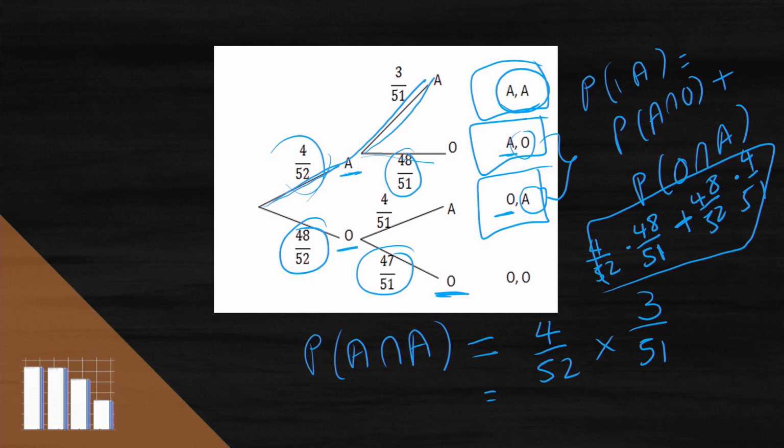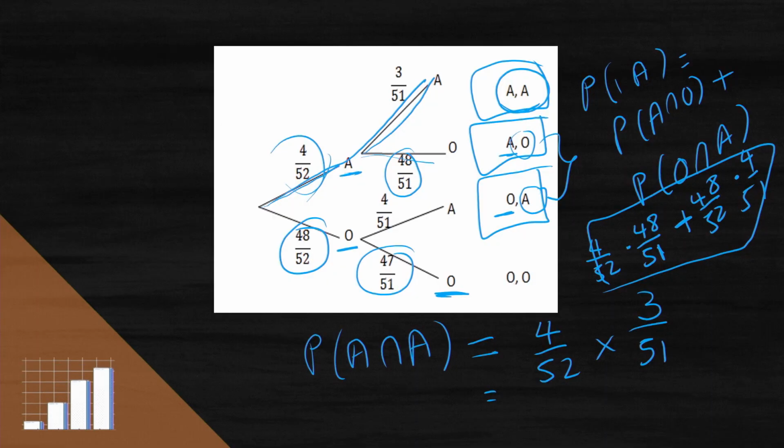Now, another way you could think about that is to think about the complement of that event. So the probability of getting at least one ace will be 1 minus the probability of getting no aces. Since you've already found out the probability of getting no aces, we had to answer that question previously, and we saw that that was 48 over 52 times 47 over 51.